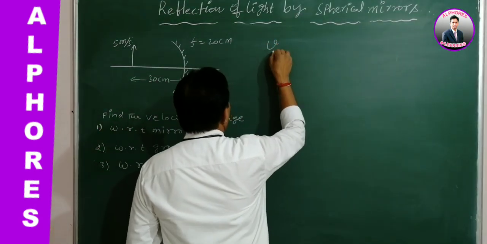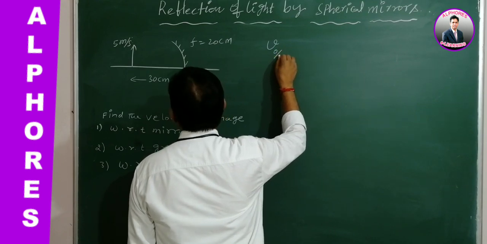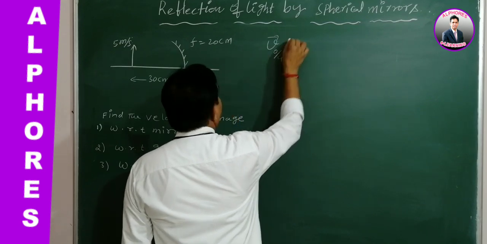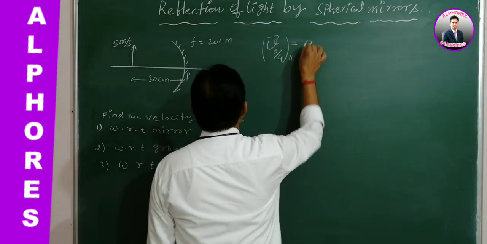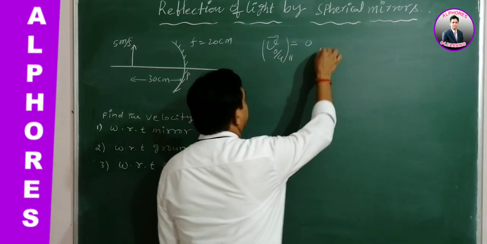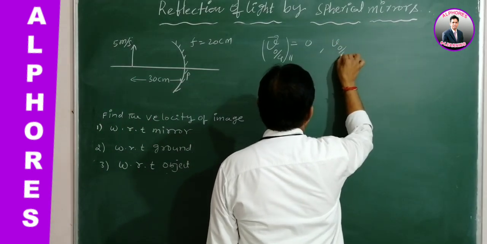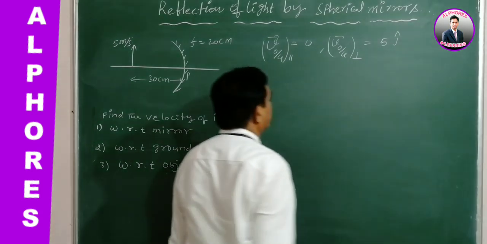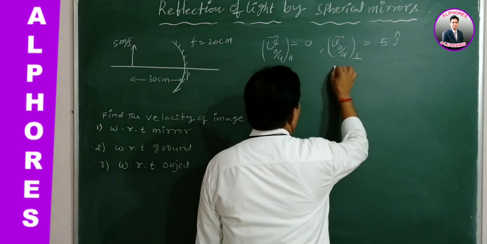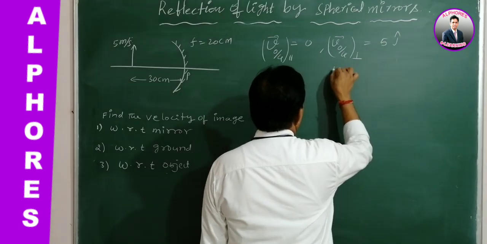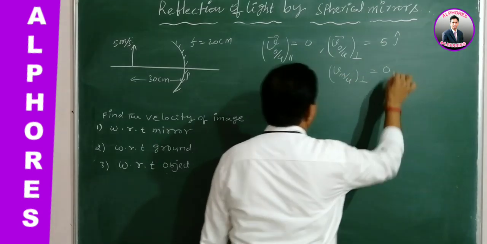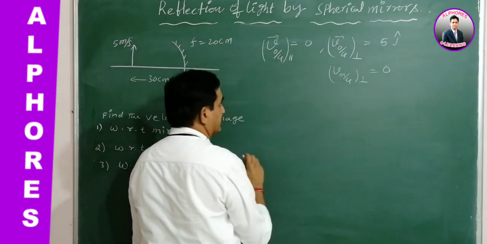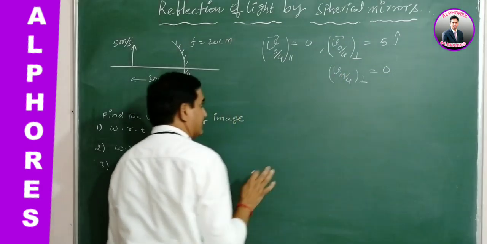Let us write this. Velocity of object with respect to ground in the parallel direction is 0; there is no parallel component at all. But velocity of object with respect to ground in the perpendicular direction is 5j. Velocity of mirror with respect to ground in the perpendicular direction is 0. Both the velocity of object and the velocity of mirror are noted from the given data.